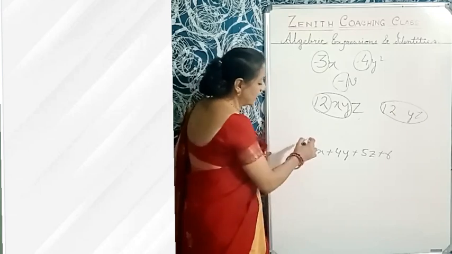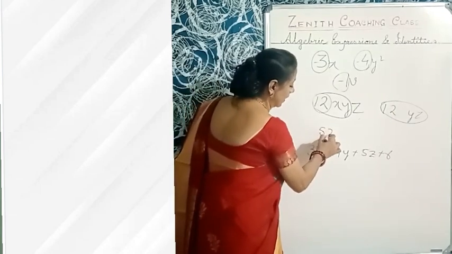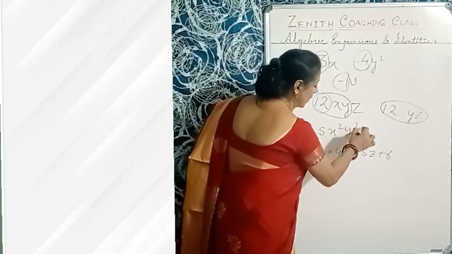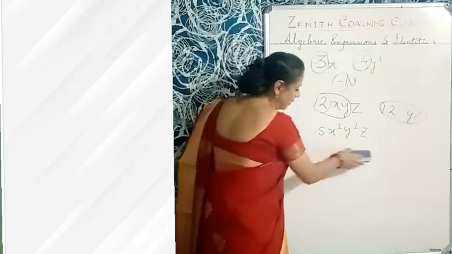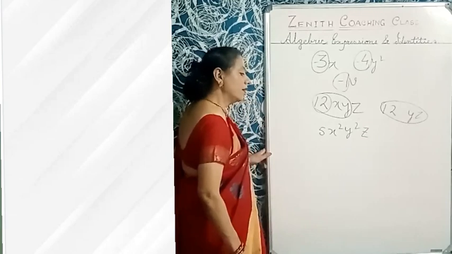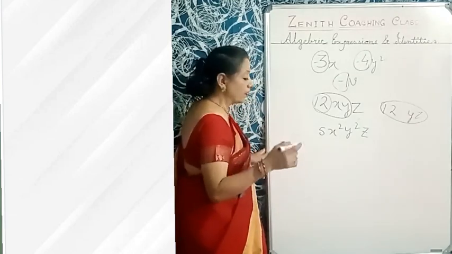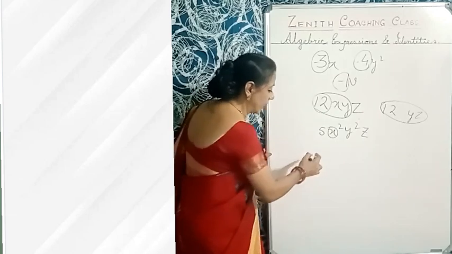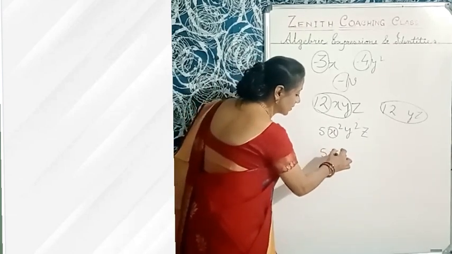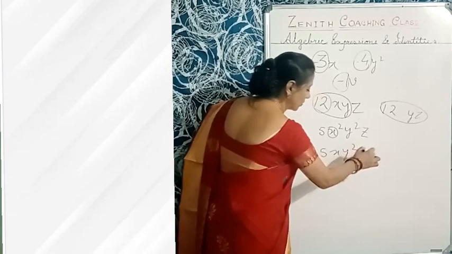Now take 5x square y square z. What is the coefficient of x only? The coefficient of x is 5x y square z. Why?